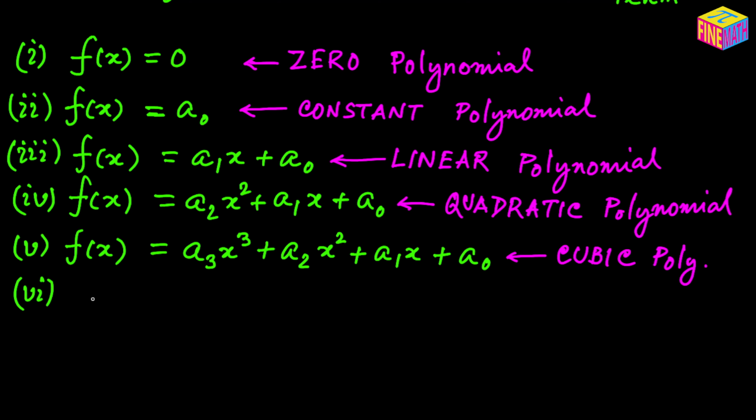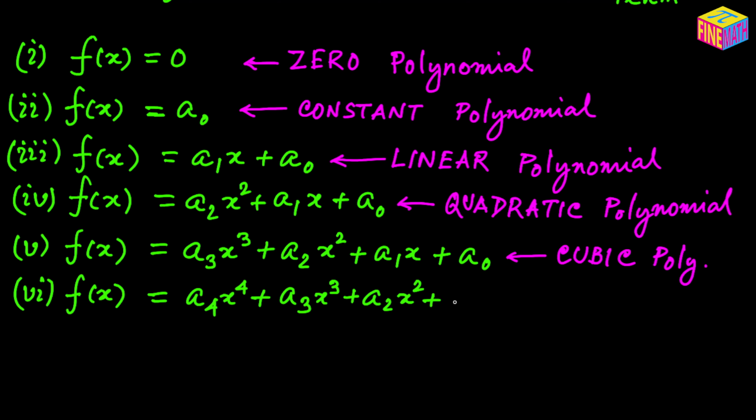Then our polynomial function is going to look like this: a sub 4 x to the power 4 plus a sub 3 x cubed plus a sub 2 x squared plus a sub 1 times x plus a sub 0. And when the highest power of x is 4, this type of polynomial will be called a quartic polynomial. It's called a quartic.